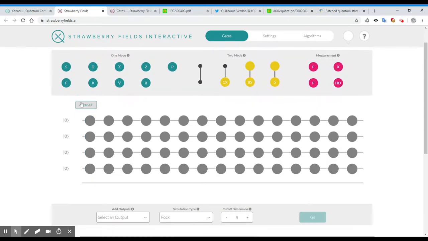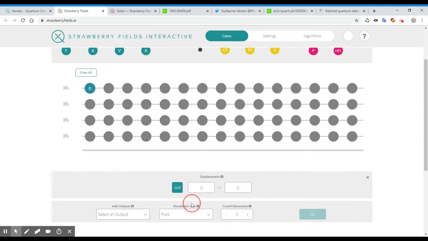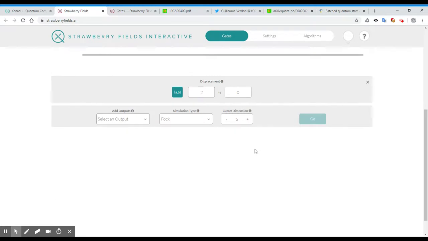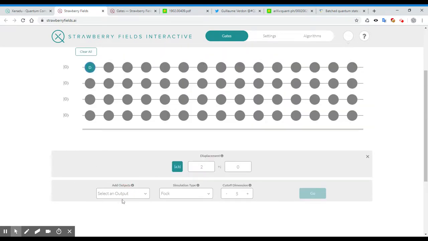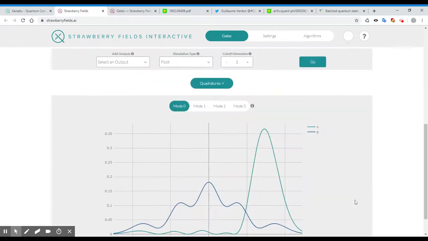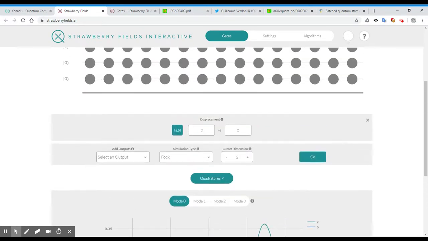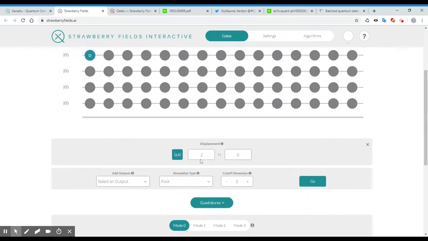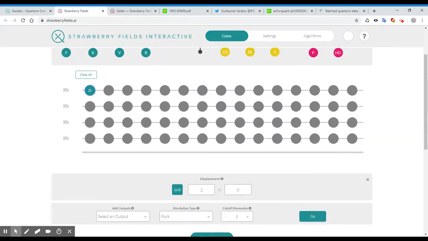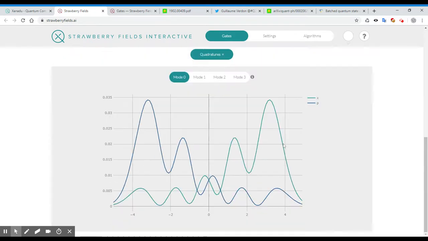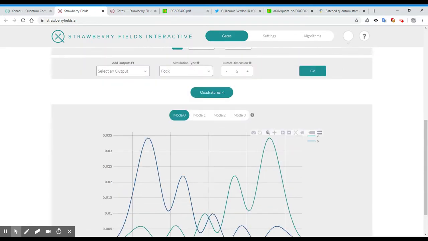So clear all. I'm going to put one displacement, put it in terms of the tool, and run this again. Quadratures. So I get what I want. And now, just out of curiosity, if I do something like -2, what does this do? Okay, yeah, that does this.